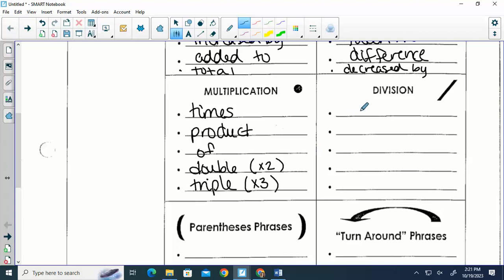What are some things that could tell me to divide? Addition is sum, subtraction is difference, multiplication is product, division is quotient.